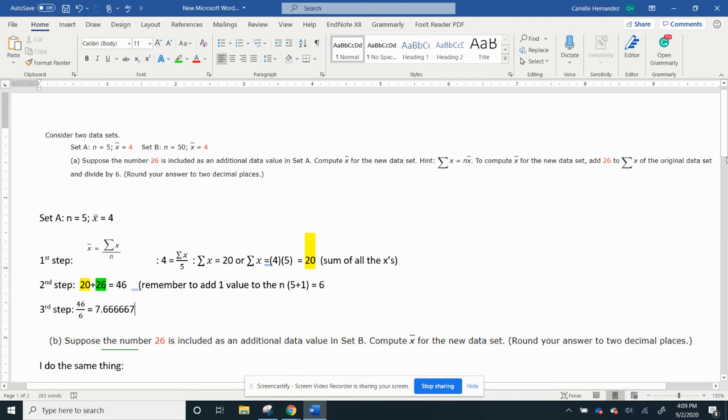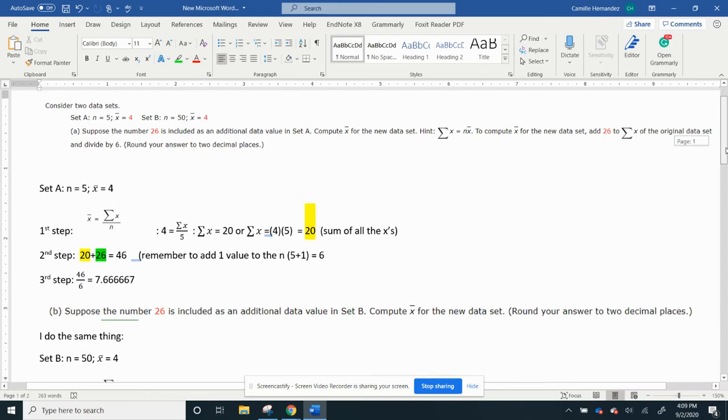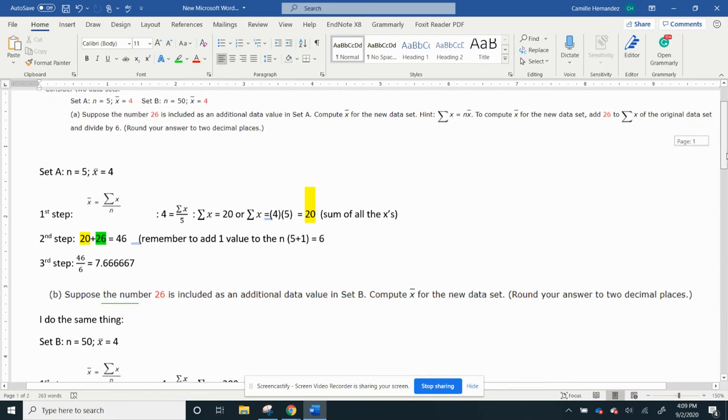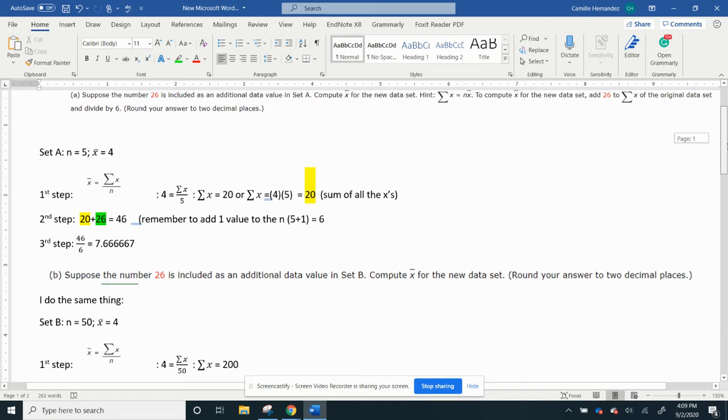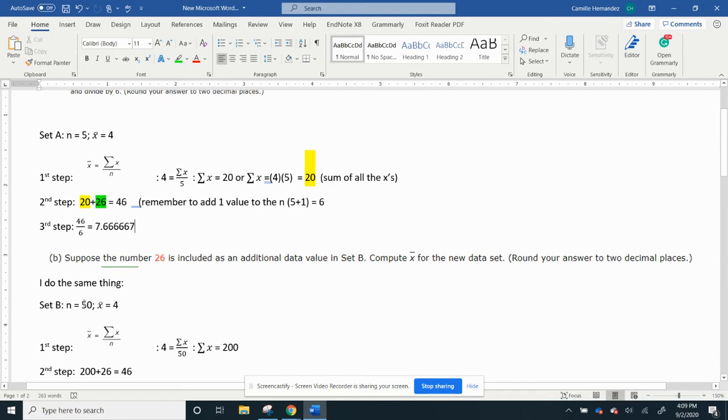All right. It wants me to do it for set B. Remember, set B had the larger sample size. It had 50. I do basically the exact same thing. So set B, sample size is 50, sample mean is 4. I can use the formula again, which I think is easier.